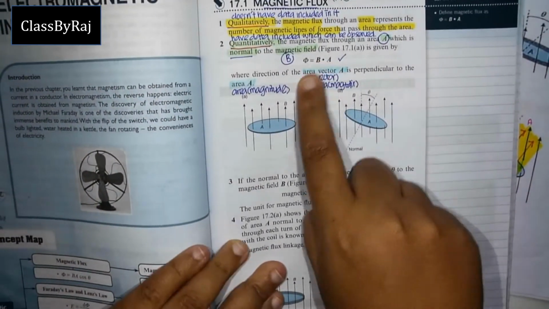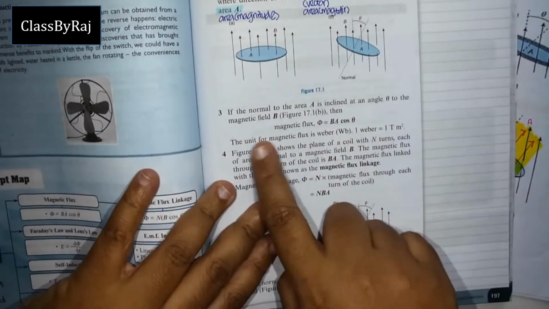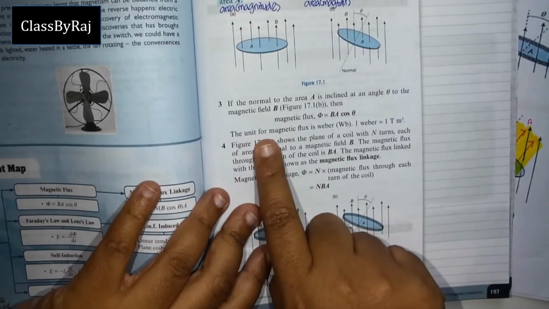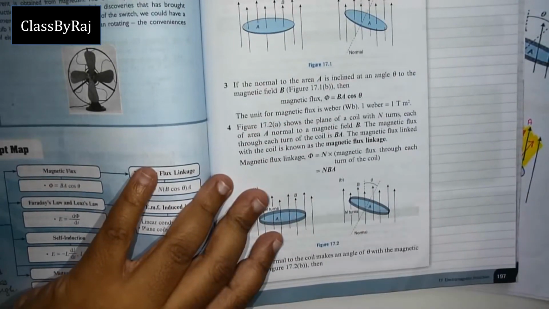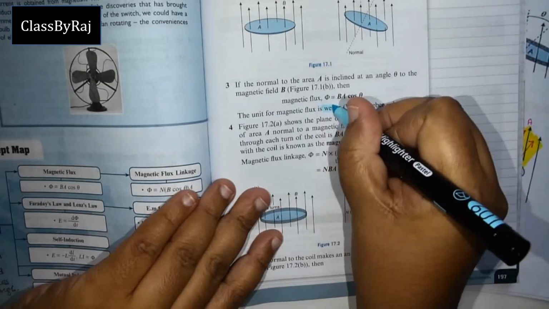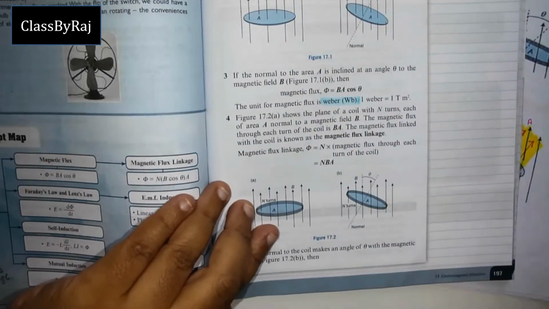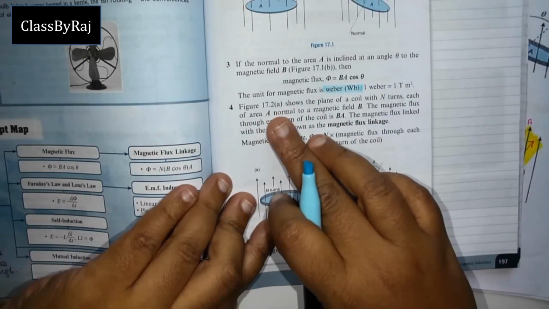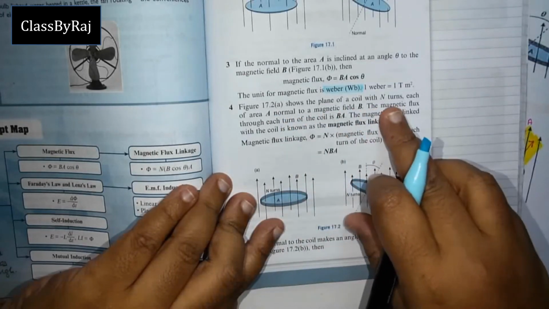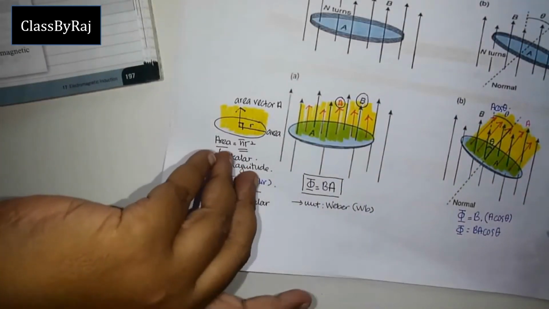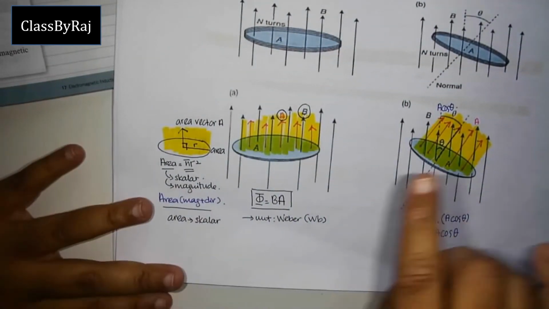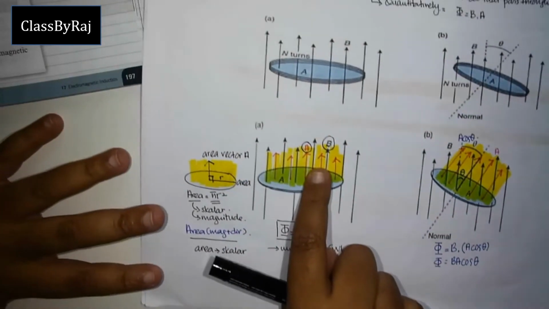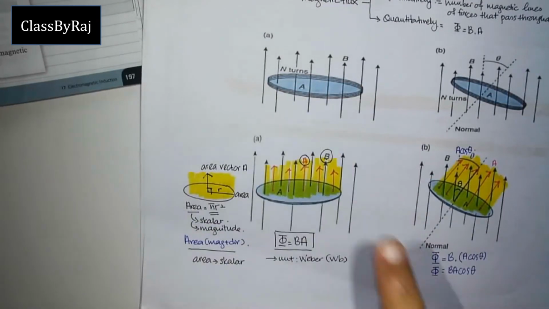So the unit for magnetic flux is Weber. Now, figure 17.2a shows the plane of a coil with N turns. Let's look at the words N turns. Here we have only one coil. Here we have coils with many turns, which is N turns.